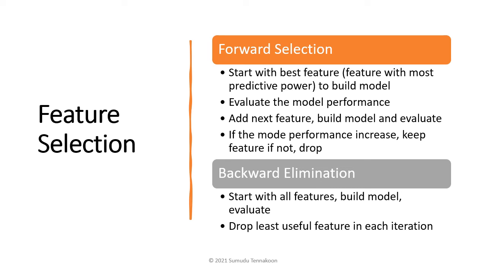We think of it as having higher predictive power, and we choose that, and we evaluate the model, and then we add the next highest predictive feature. So then we are gradually adding feature by feature, and trying to compare whether our model performance increases or decreases. If the model performance significantly decreases, we can stop adding new features, and we can go to the removing phase as well if you want.